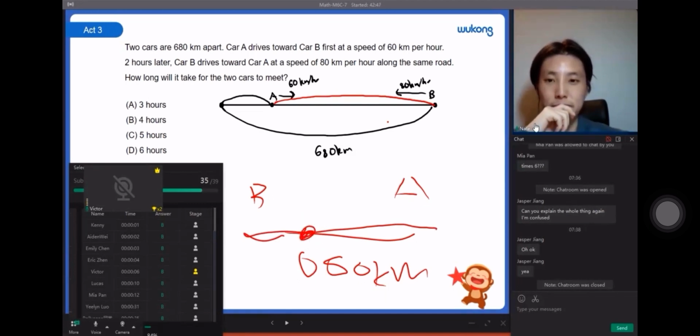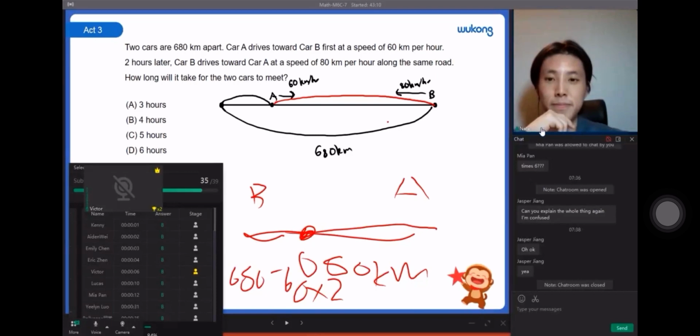So because car B goes at 60 kilometers per hour, the actual distance, if they start at the same time, would have been 680 minus 60 times 2, because the 2 comes from the 2 hours later.